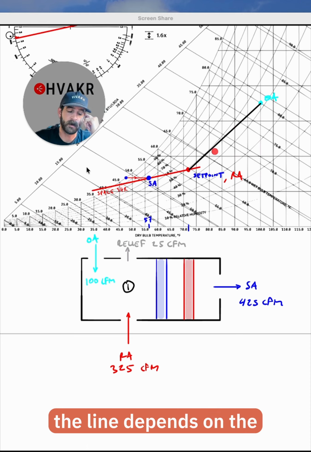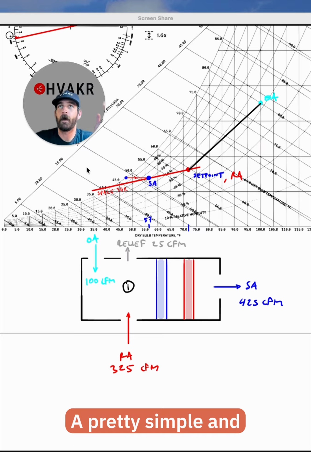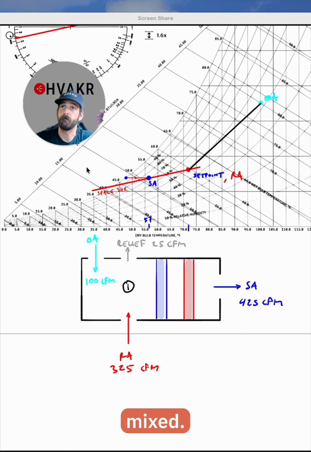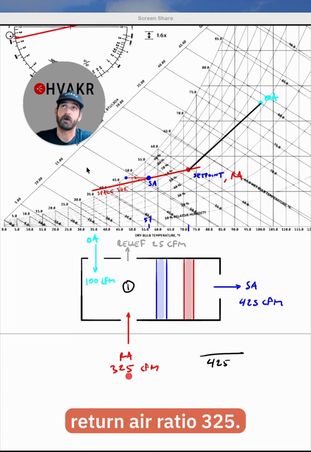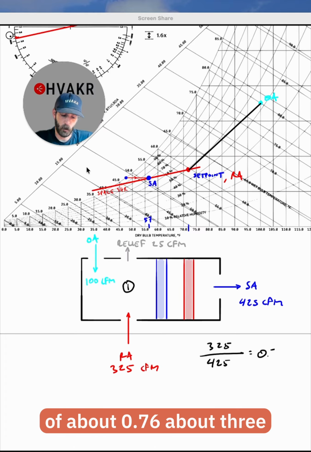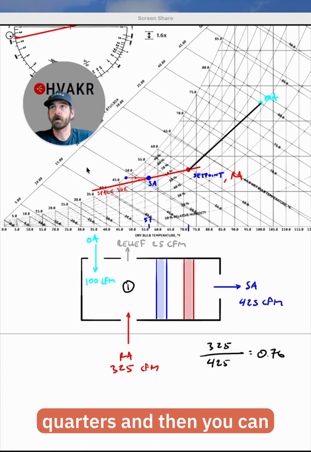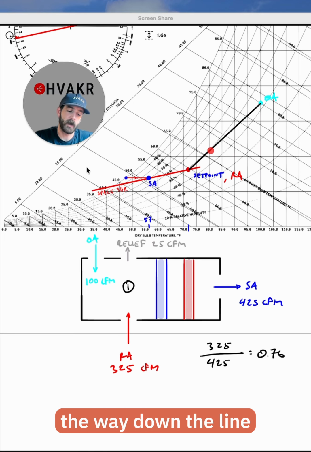Where it lands on the line depends on the ratio of outside air to return. A pretty simple and intuitive way to do this is you take the total amount of air being mixed, so in this case it's 425, and then you find the return air ratio, 325. This gives you a ratio of about 0.76, about 3/4, and then you can start with outside air and go 3/4 of the way down the line until you get to your mixed air state.